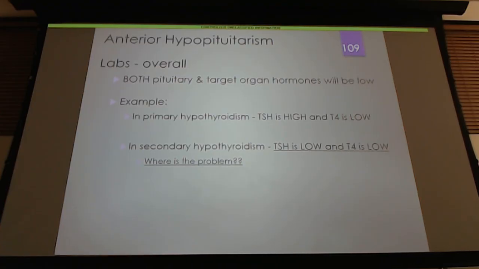Pituitary, right? If the pituitary is deficient, we have low TSH and therefore low T4. So both are low. Which is more common, primary or secondary hypothyroidism? Primary, yeah, you're good. I treated tons of primary. I've rarely seen secondary.